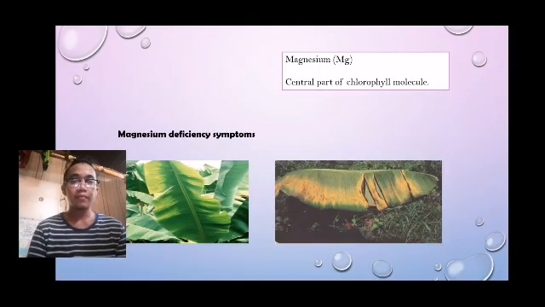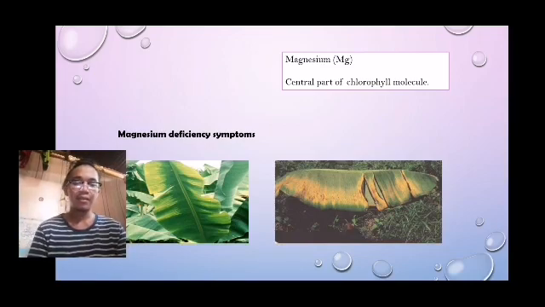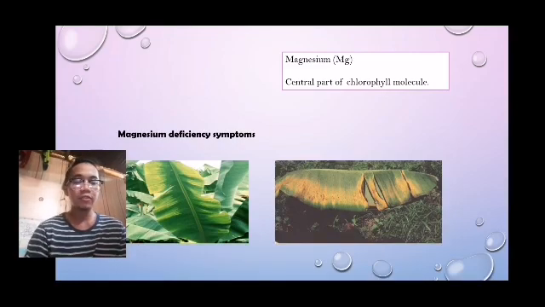Magnesium's role is in the central part of the chlorophyll molecule. Magnesium is a secondary nutrient absorbed as Mg2+, a crucial constituent of the chlorophyll molecule, involved in photosynthesis, carbohydrate metabolism, synthesis of nucleic acids, and movement of carbohydrates from leaves to upper parts.